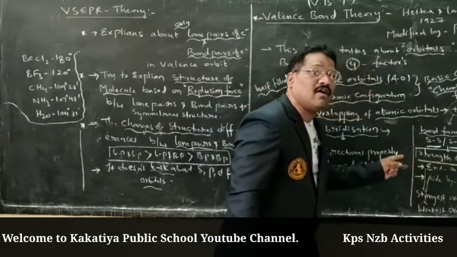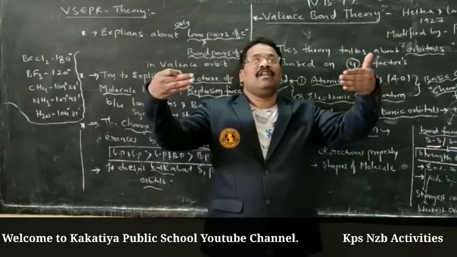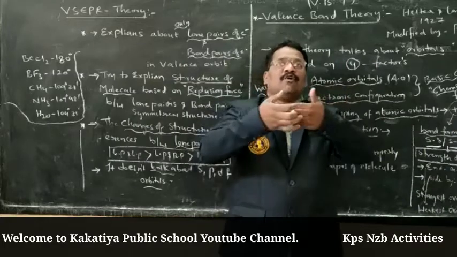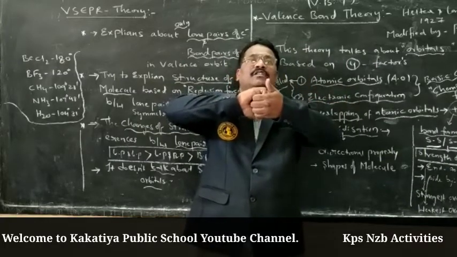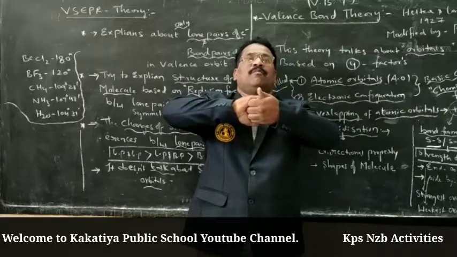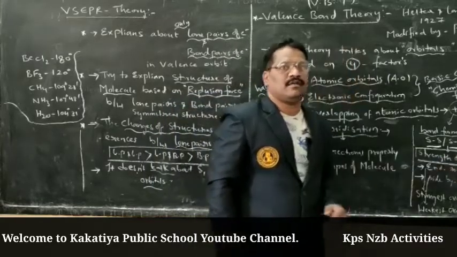End-on-end or head-to-head overlapping happens on the internuclear axis, so the bond is much stronger. The bond formed between two orbitals by end-on-end overlapping is much stronger, which explains the strength of the bond.